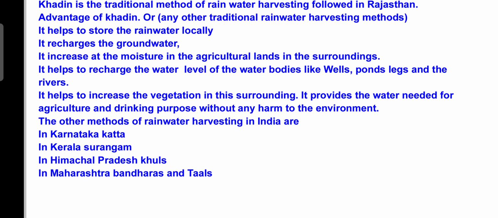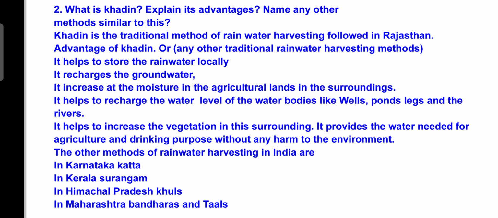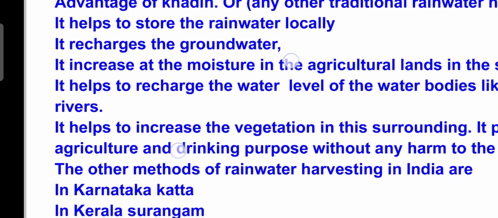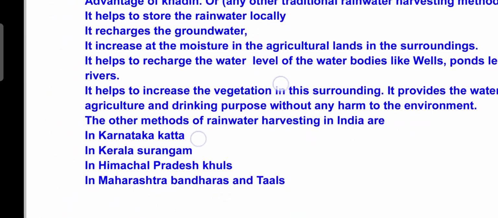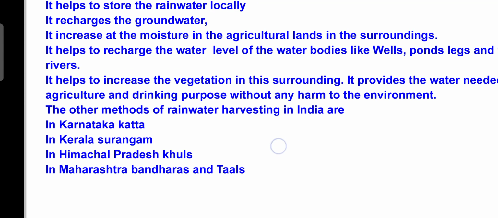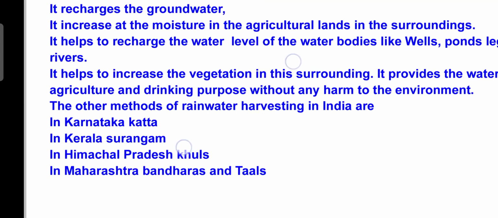That is, they store the rainwater locally and they recharge the groundwater table. It increases the moisture level in the agricultural lands in the surrounding. It helps to recharge the water level of the surrounding water bodies like wells, ponds, lakes or rivers.